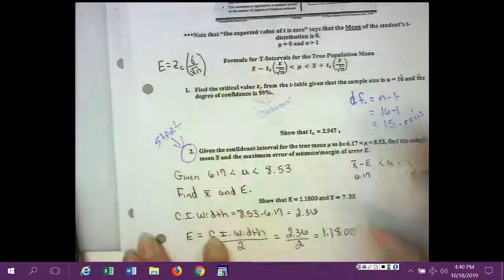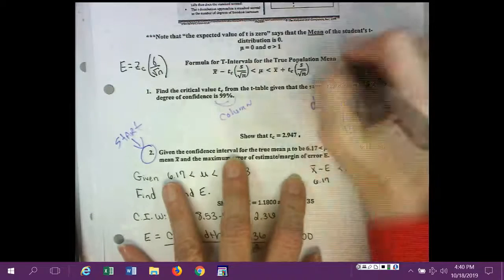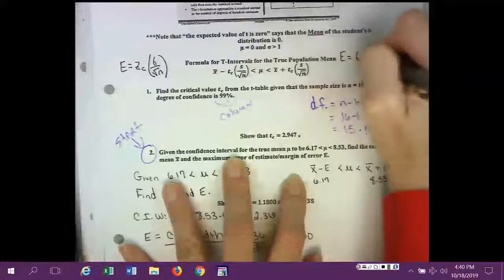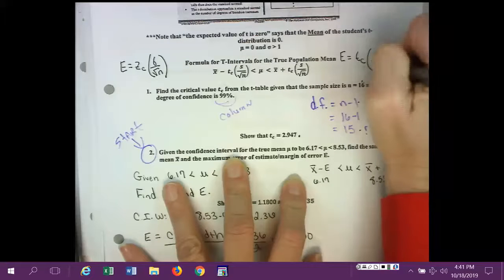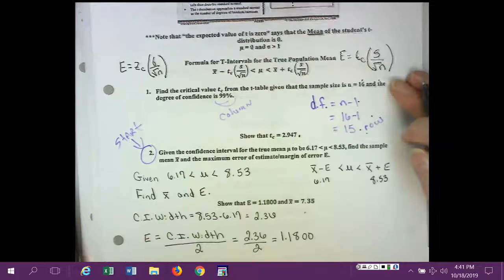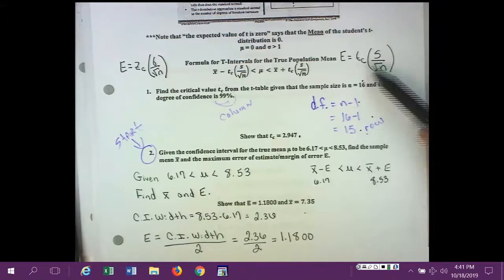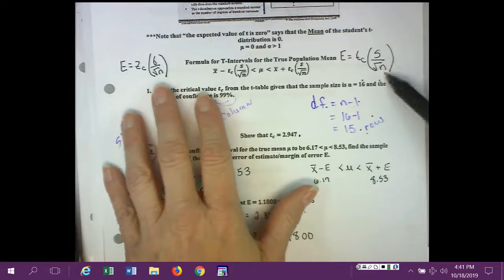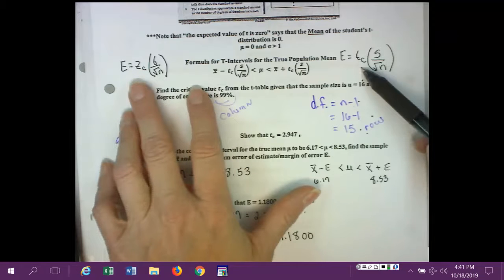And now that we're working with T intervals for the true mean, E is T times S over the square root of n. Those are the formulas that you should be using when you can use them to give me E, the margin of error. You can use these when they give you standard deviation of either the sample or the population, the sample size, and you know the critical value based on degree of confidence.